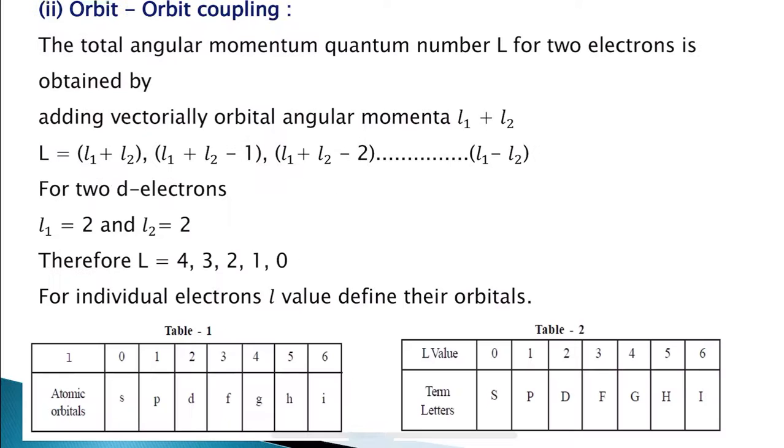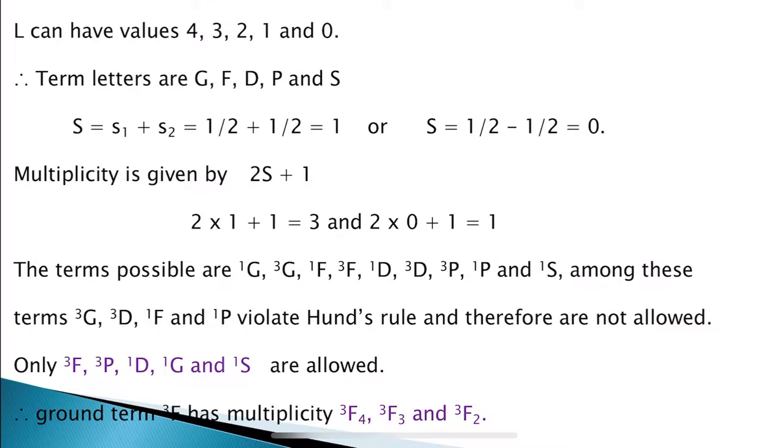From table 2, see here. This is table 2. If the value of L is 4, then it is a G term, and if the value of L is 3, then it is F. If the value of L is 2, then it is D, if the value of L is 1, then it is P, and if it is 0, it is S. So, L equal to 4 is G, 3 is F, 2 is D, 1 is P, 0 is S. This is how I represent the values of orbital angular momentum.